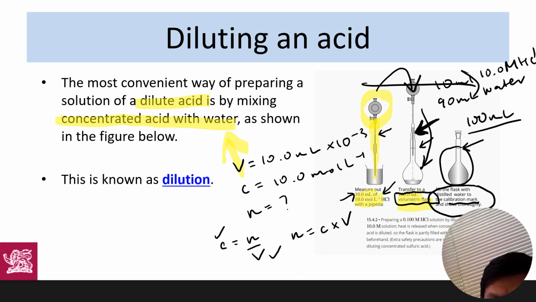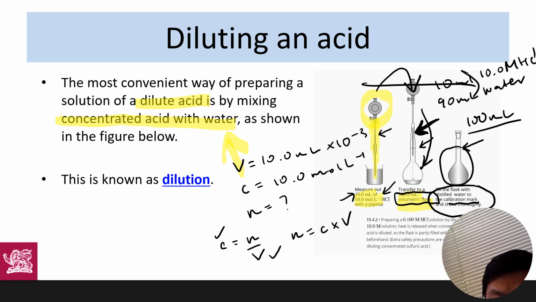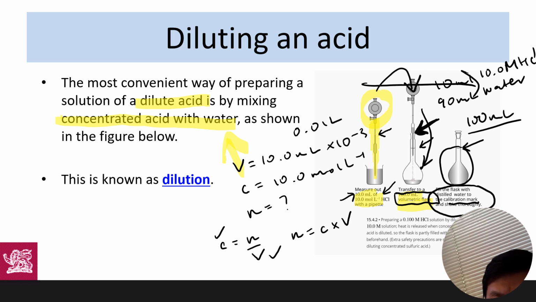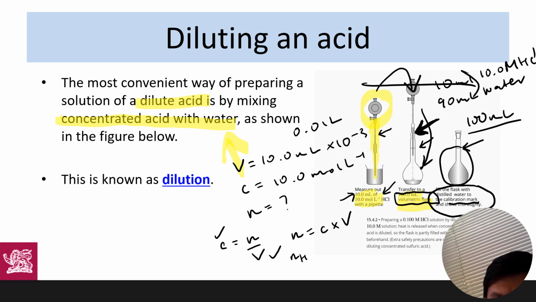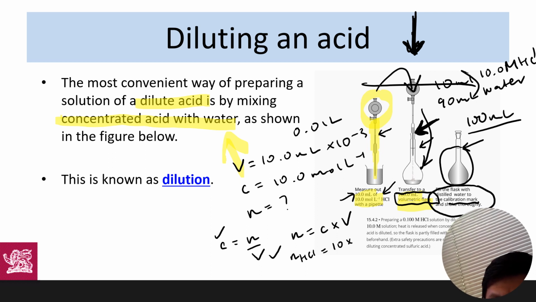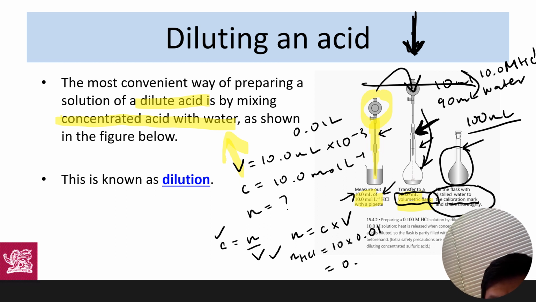So 10 mil times 10 to the negative 3, or 10 divided by 1,000, would be 0.01 liters. So I would go, well, the number of moles of HCl in this situation here is equal to 10 times 0.01, and that's equal to 0.1 moles of HCl.